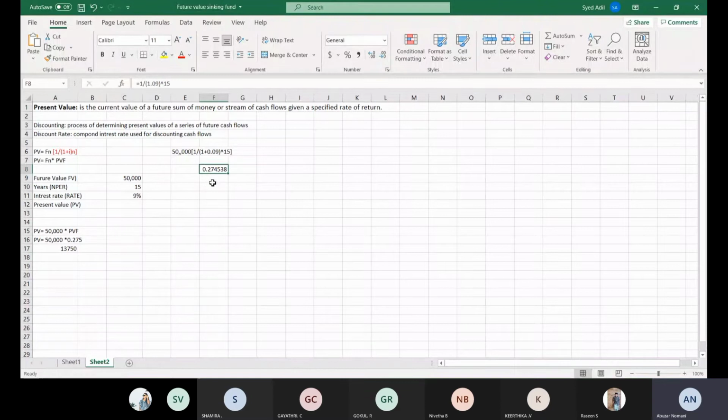So when we multiply it by 50,000, how much will we get? Anyone from you can compute it with your calculator. We can take it to 3 decimal points, 0.274. So 50,000 into 0.274.